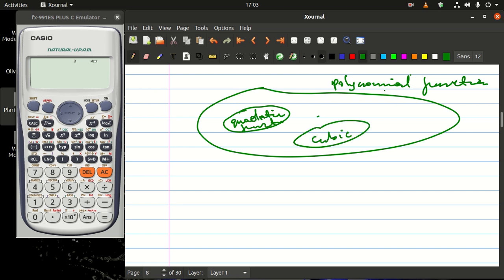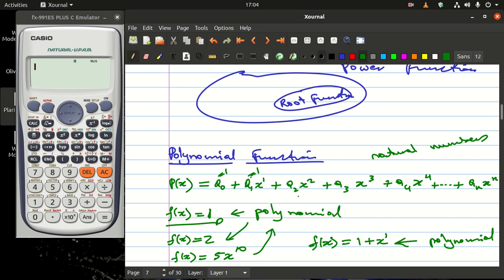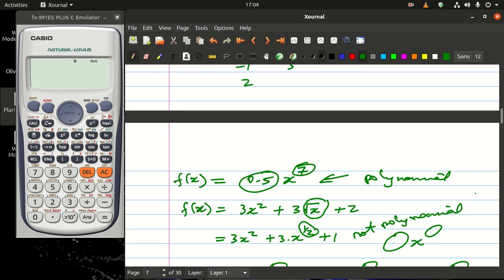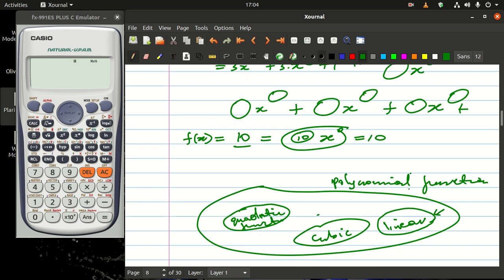Cubic are contained inside polynomial functions. Linear is contained inside polynomial functions. But I know that some instructors try to isolate this, saying it's a monomial and so on. But this is a polynomial according to the definition, that any function obeying this is a polynomial. The word doesn't mean many as in English. This is just the definition of a polynomial. As long as it obeys this, then it is a polynomial.